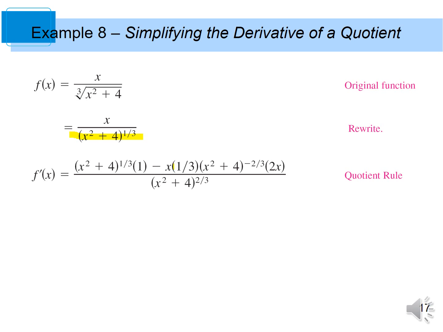So we use the general power rule. The n moves to the front, u to the power n minus 1, times u prime, over the second function squared, because it is the quotient rule.